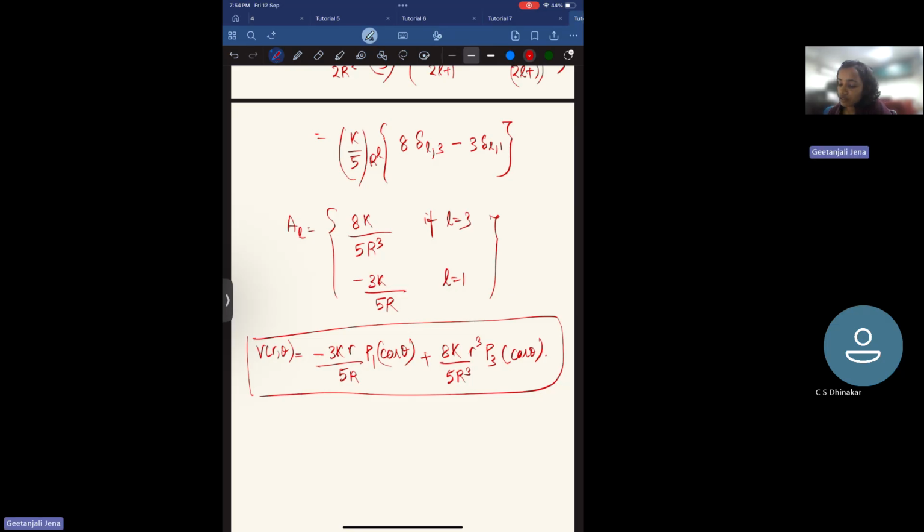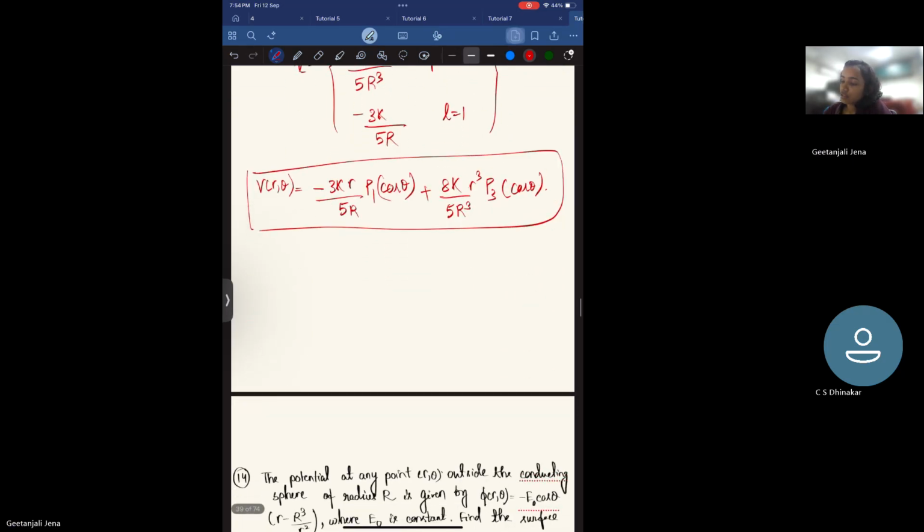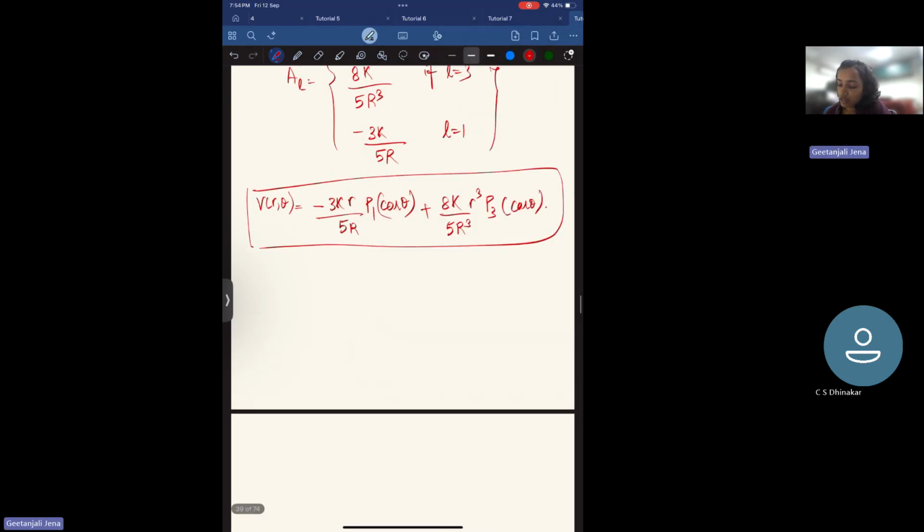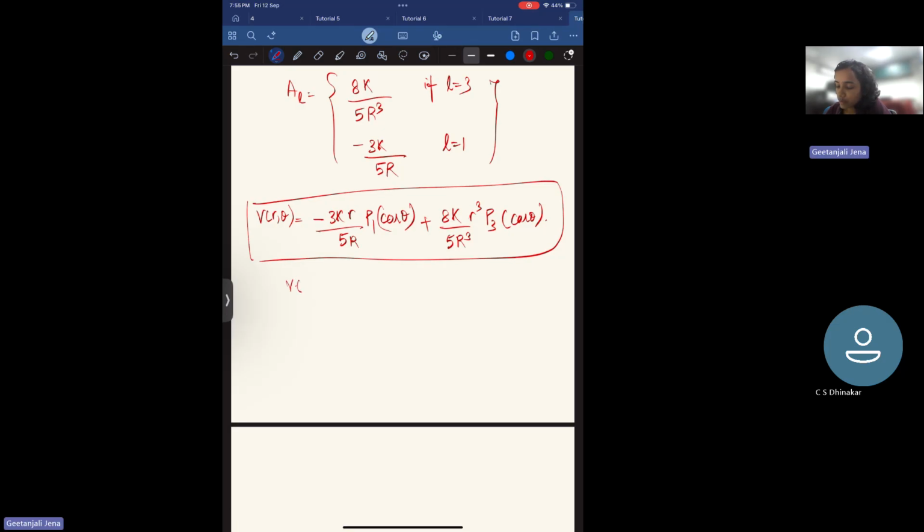For the outside one, you don't need to calculate what B will be. We have already calculated the value of A_L, so we now equate A_L with B_L, and then we can easily calculate B_L. At r equal to R, at the surface, the inner and the outer values should be equal.